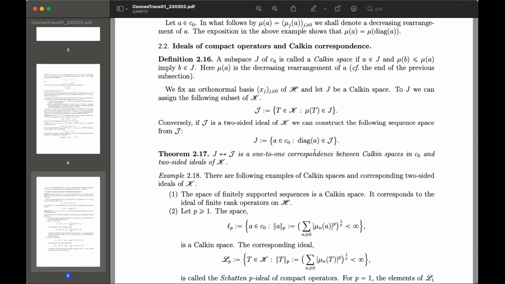Of course it should be checked that one still gets exactly the same Calkin space if we use the diagonal operator associated with the orthonormal basis, but I can say that it holds. Okay, great. Thank you for the good question.